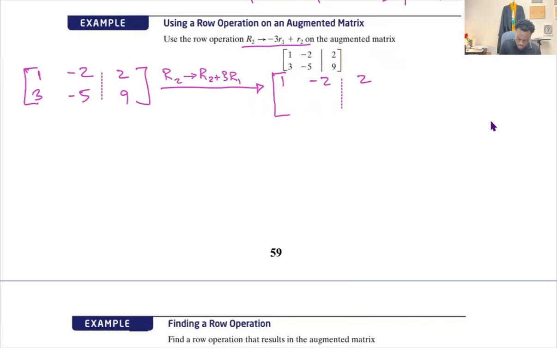and 2. Now we're going to perform this operation. Row 2 receives row 2 plus 3 row 1. So is it plus or minus? It's -3 row 1. So row 2, so 3 minus 3 times the value in row 1, that's 1.